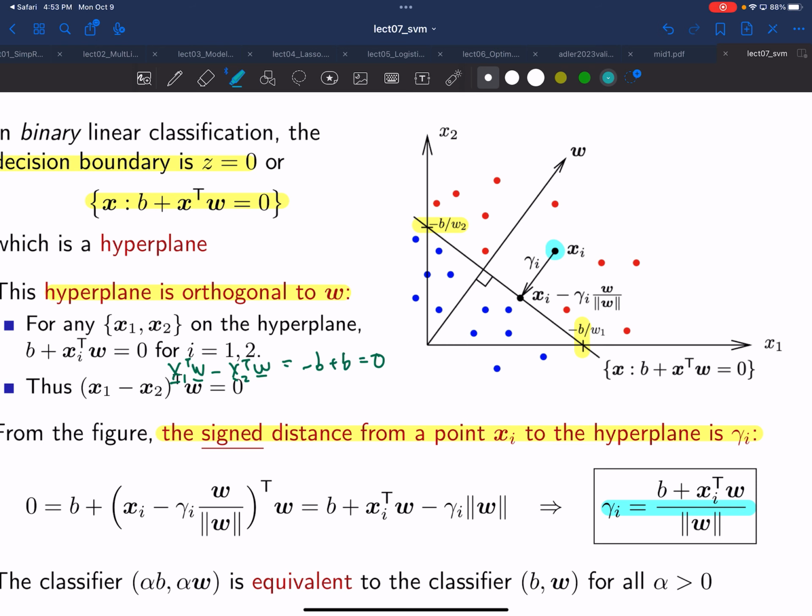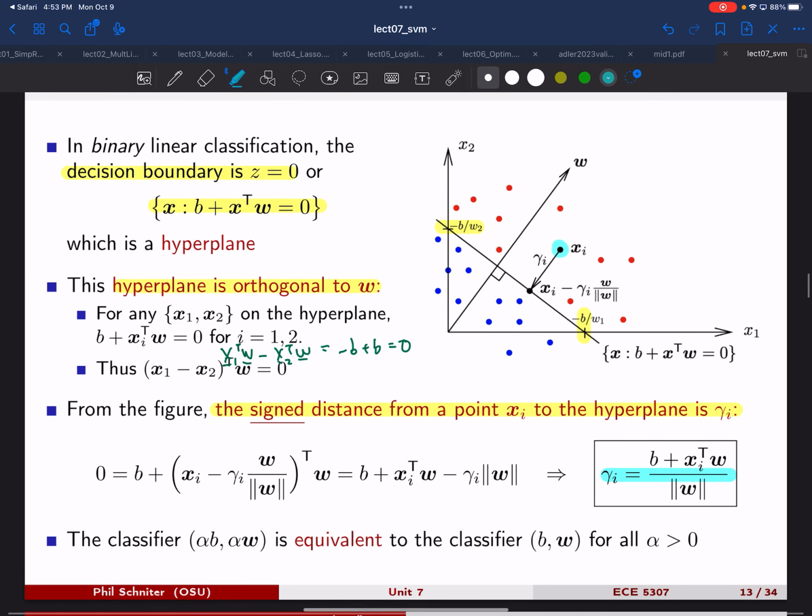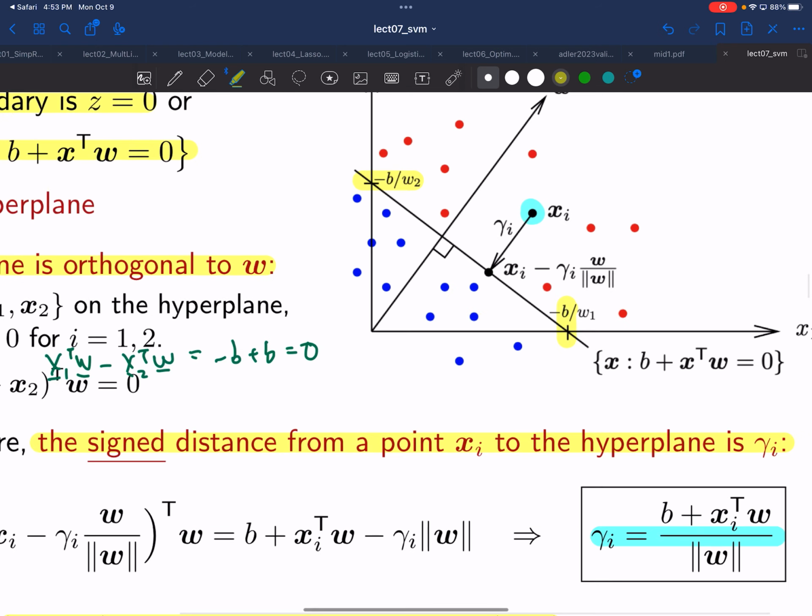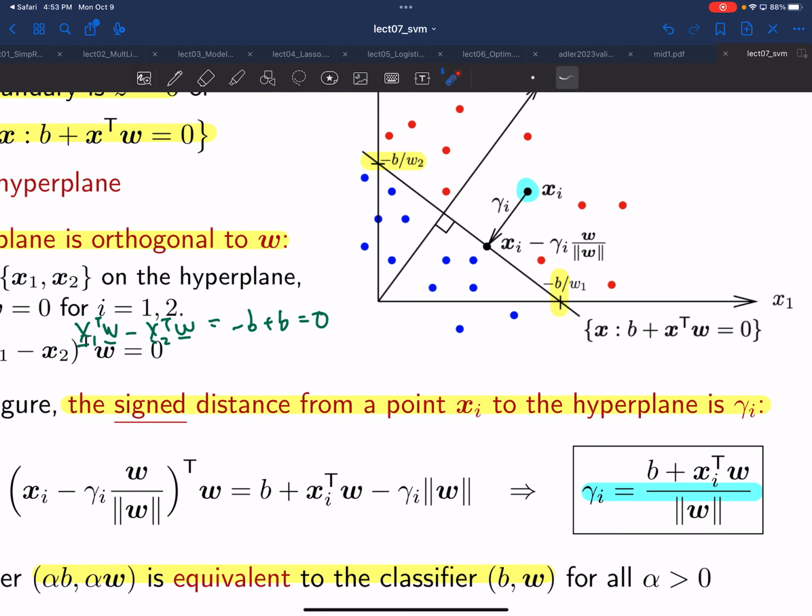Okay, and then the very last thing to notice, which I think you actually saw on the last homework too: if you scale both the b and the w coefficients, nothing changes about the classifier boundary. You can see that just from the intercepts. If I double b and I double all the w coefficients, this stays in the same place, because the doubling cancels.